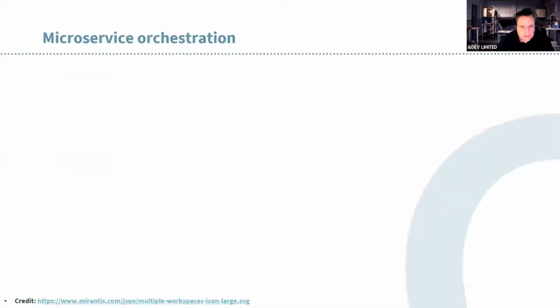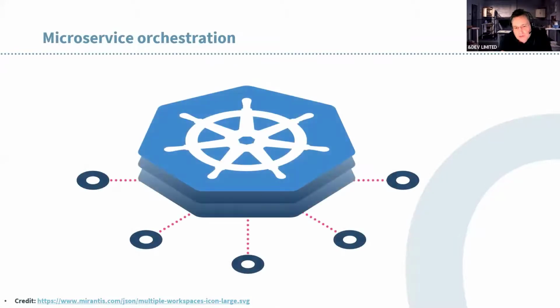Let me just run the animation on this. So we have a Kubernetes cluster, and for those not that familiar with Kubernetes, yes, it auto scales, but it also brings an awful lot to the party as well.